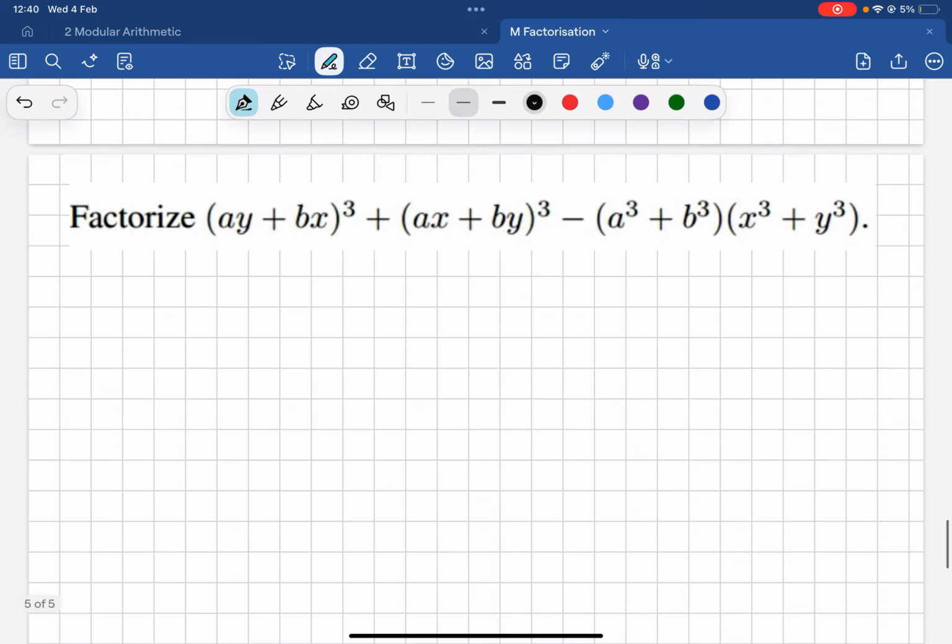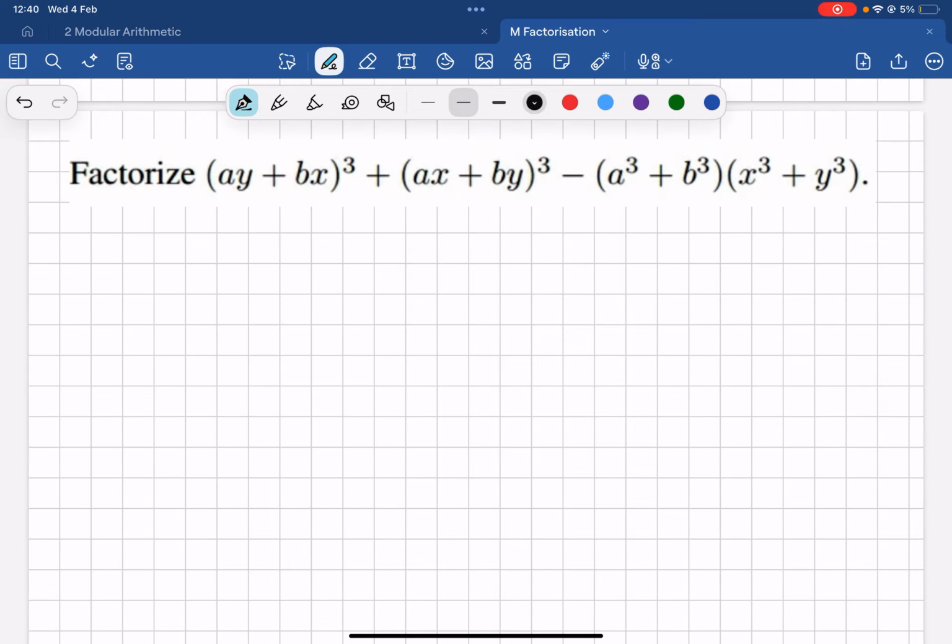Okay, now we're factorizing (ay plus bx) cubed plus (ax plus by) cubed minus (a cubed plus b cubed)(x cubed plus y cubed). Again, there's a lot of symmetry here, but I don't see us factorizing this as our first step. So let's just expand these cubics. So (ay plus bx) cubed.